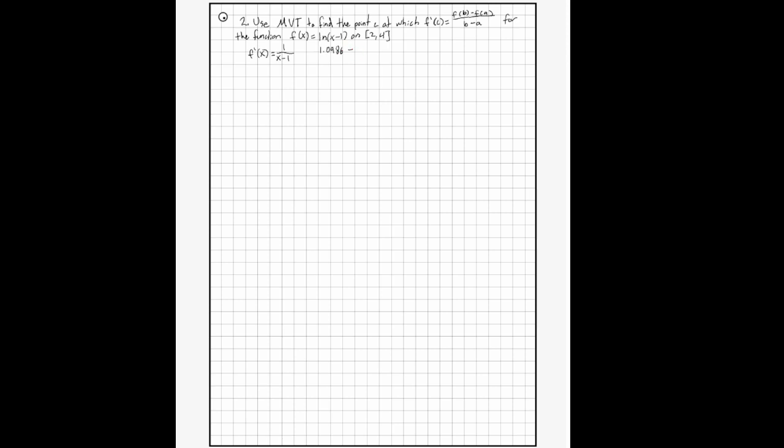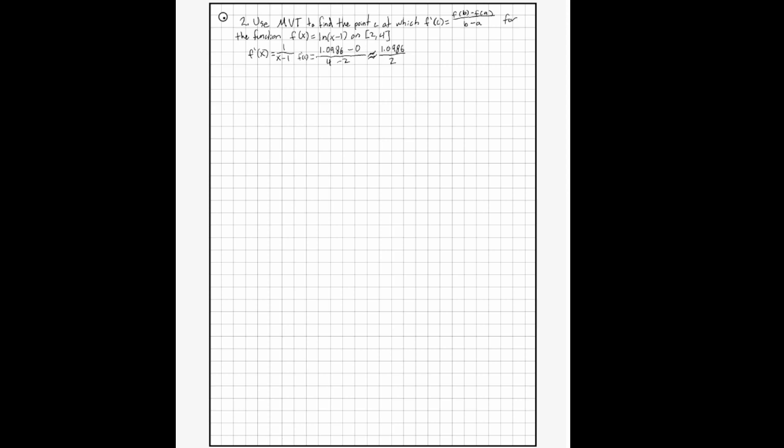And then that will be minused by what you get when you plug 2 in for x. So the natural log of 1 would be 0, right? And that would all be over b minus a, which is 4 minus 2. And that equals f prime of c. Forgot to write that in there. So this should equal 1.0986 over 2. All right.